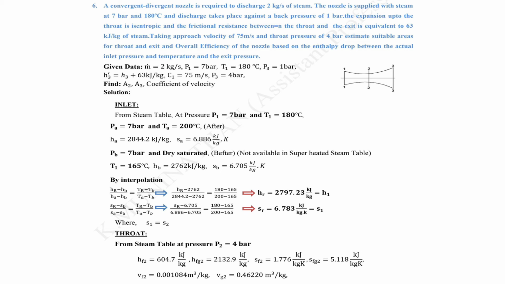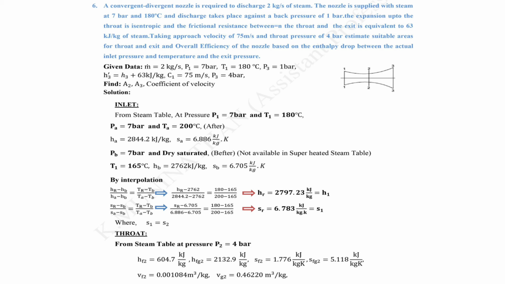The saturation temperature is equal to 165.65 degrees Celsius, H is equal to 2762 kJ per kilogram, and the S value is 6.705 kJ per kilogram Kelvin. Because it is not available in the superheated steam table, we are taking it from the 7 bar saturated condition. So by interpolation we can get the H1 value and S1 value.